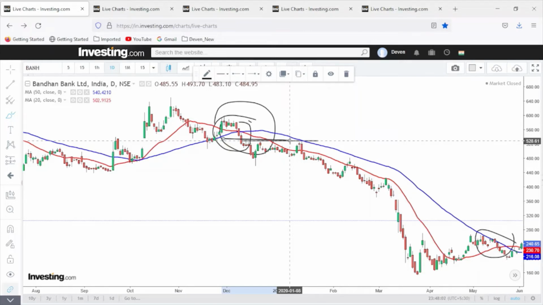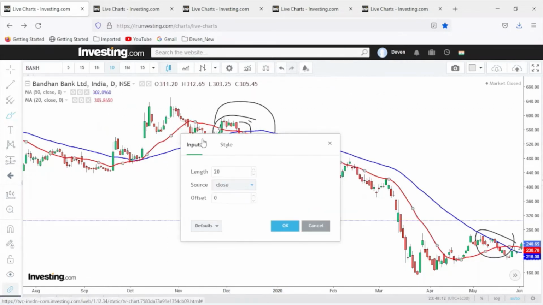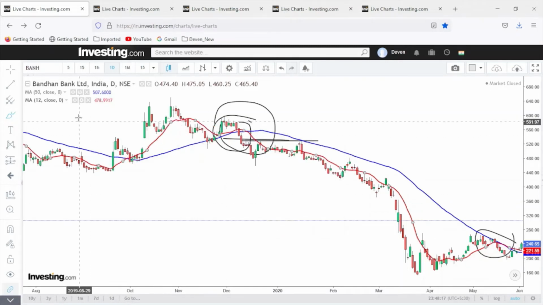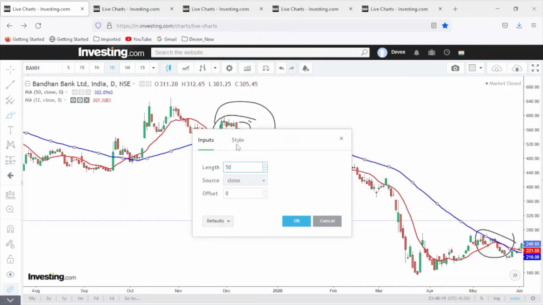Now if you want to play at a little lower level, you can take lower moving averages. Like here I have taken 20 and 50. We'll take 12 and 24, 26 maybe.